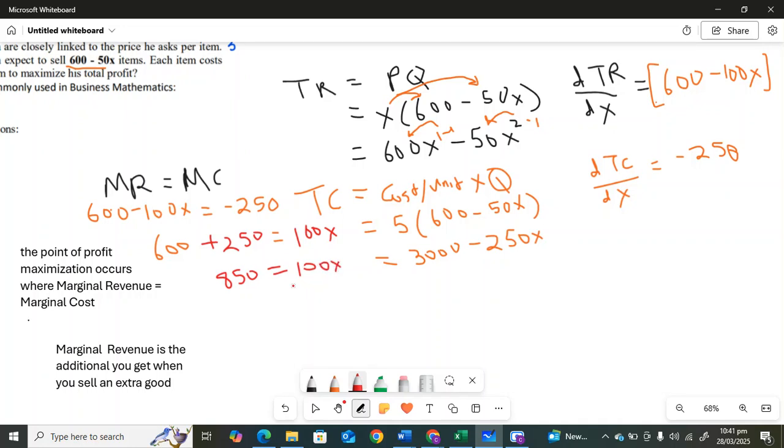To get the value of x, divide both sides by 100. 850 divided by 100, $8.5.